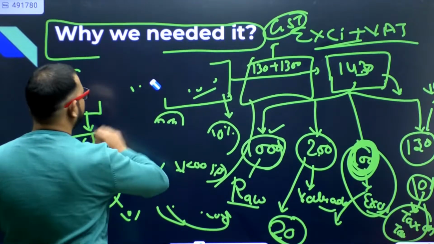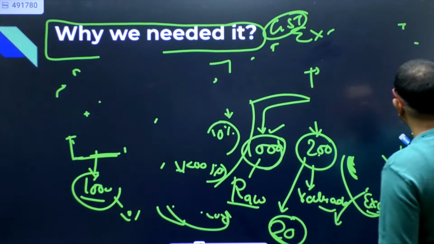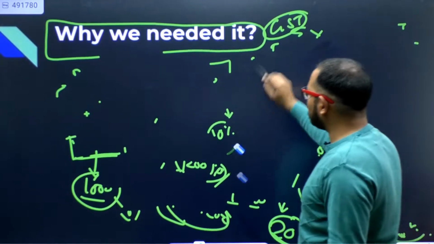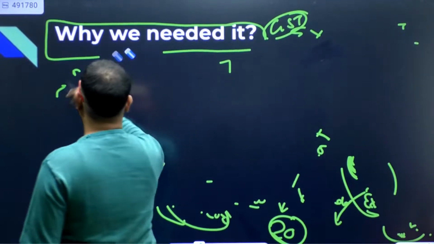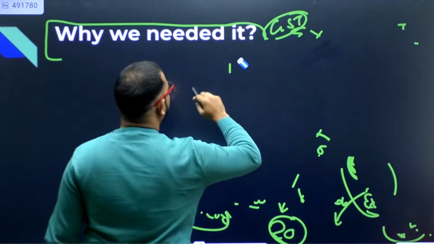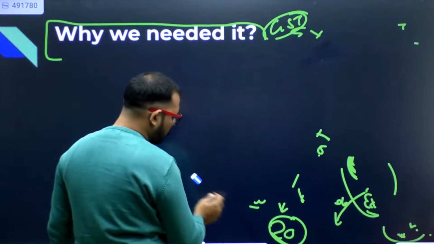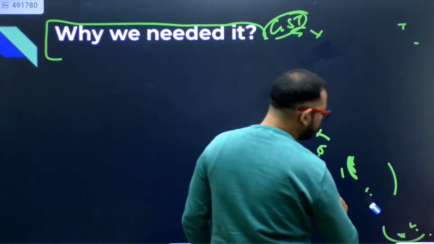So in simple terms, what can I say? Simply, because of the GST, the indirect tax structure got streamlined. Now it becomes easy for the traders to understand the tax structure, and from the consumer perspective they have to pay less.